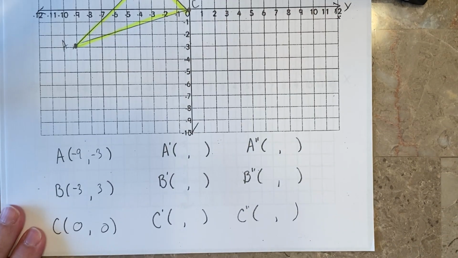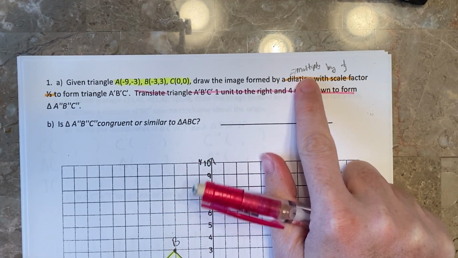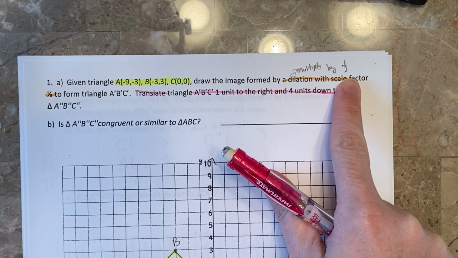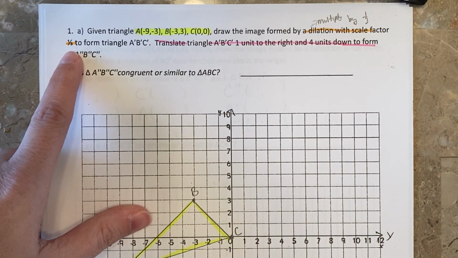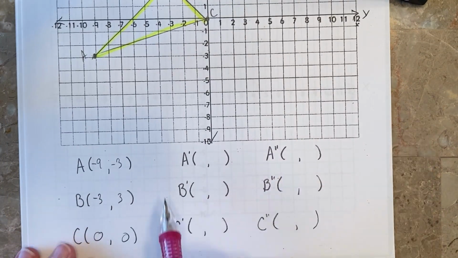All right, so now let's do our second one. So our second one is our dilation. Again, that means to multiply. So you're going to multiply every single one of these coordinates by 1/3. I already know that it's going to be a smaller, so a reduction, because you're multiplying by something less than 1. So 1/3 is what we're going to multiply by.